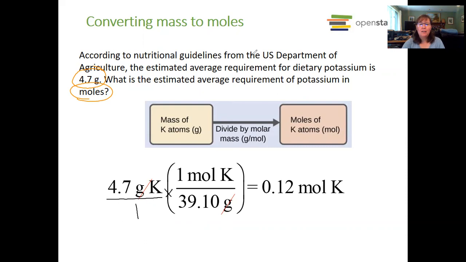And the way that you would type this into your calculator is 4.7 divided by 39.10. And you can see in this problem that we only have 2 significant figures, so in our answer, we only have 2 significant figures.